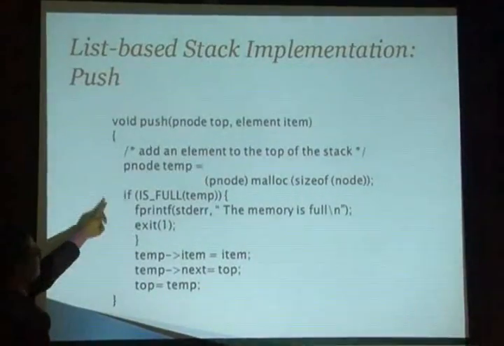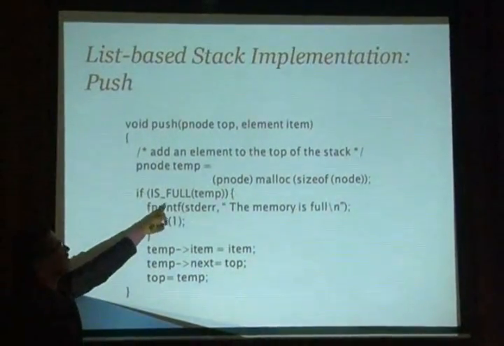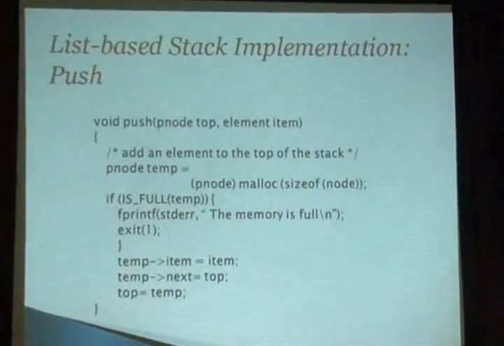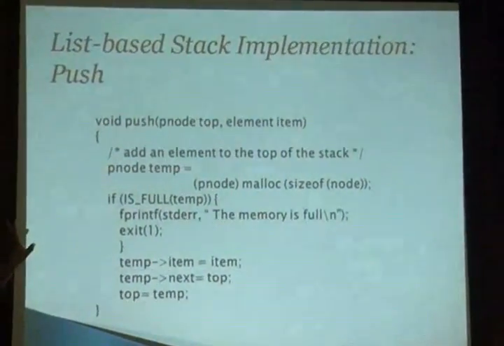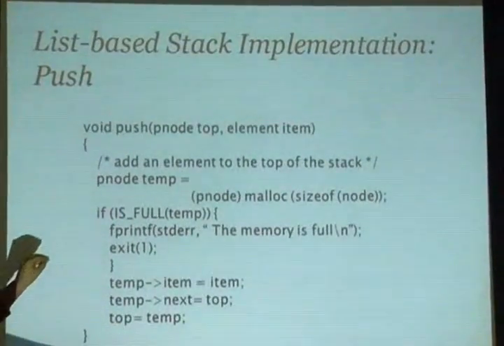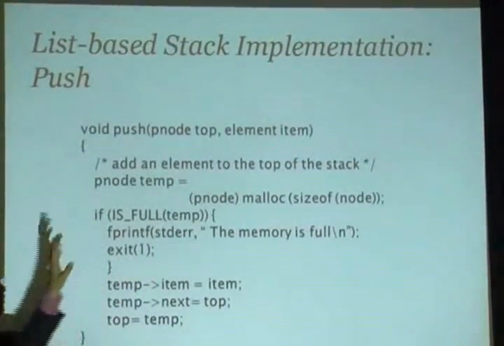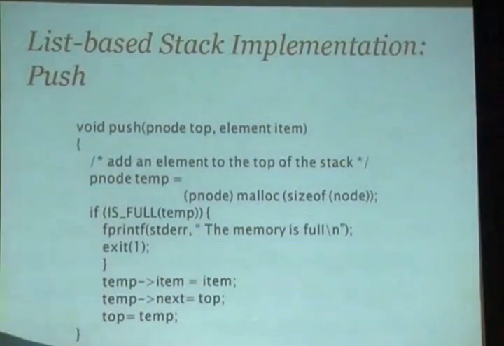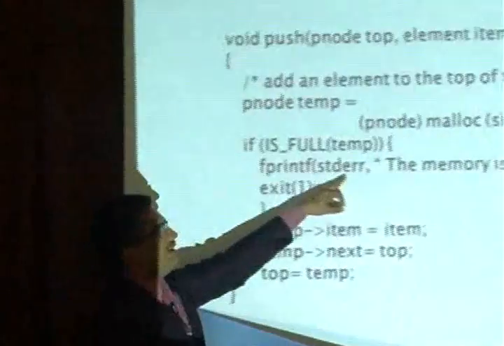Then we check whether it is full. As we know, in the stack push operation we need to check the max size, and here we check whether memory is full. Using dynamic memory allocation, unless and until memory is exhausted, this condition will not be satisfied.